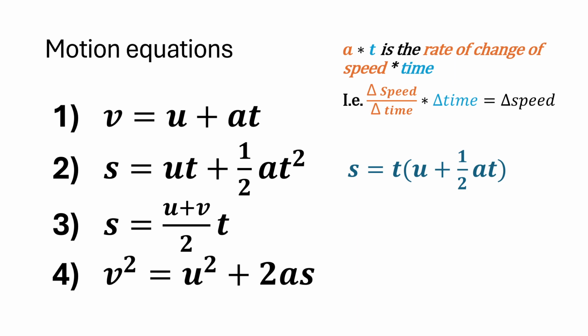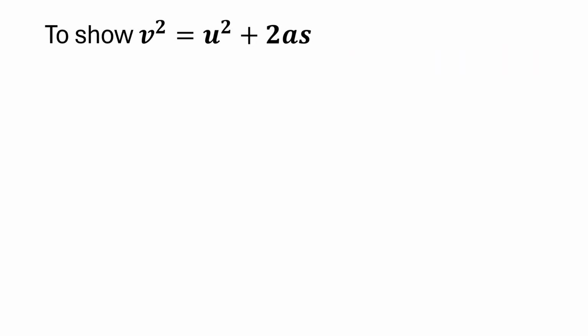For the fourth equation, I'm going to have to mathematically show how that is developed. No calculus needed here. We've just got to try to use the other three equations to match the left-hand side and the right-hand side. Okay, so we're going to start off with v equals u plus at. Let's start off by squaring both sides.